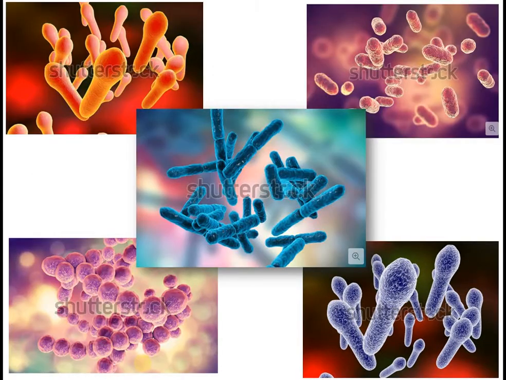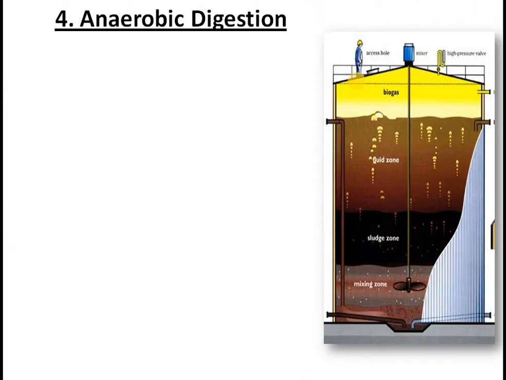Okay, you can see brilliant photographs of anaerobic bacteria here. Some are enemies, some are friends of human beings. Some are very useful, some are dangerous for human beings. Okay, so such bacteria are put in this biomass and they undergo decomposition.